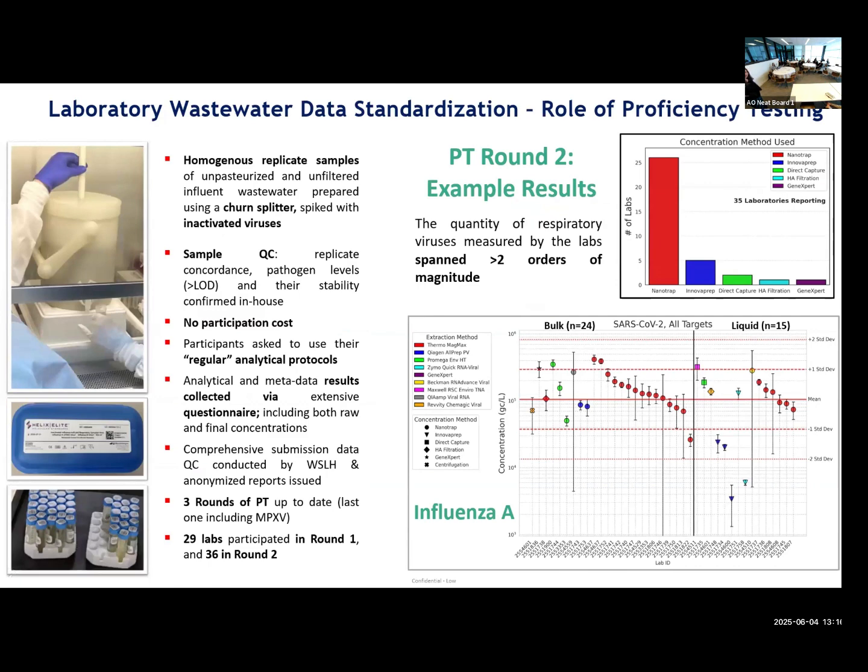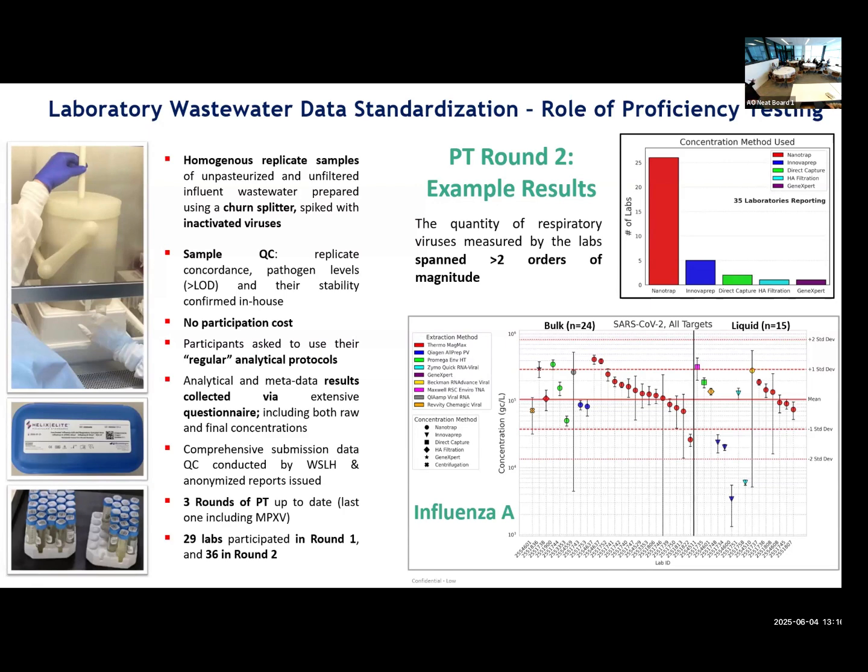I thought I had 3 minutes, but I can easily talk about this for more than 3 minutes. So building upon my predecessors here on the panel, on sampling, data analysis, as well as laboratory analysis, QC is very important.